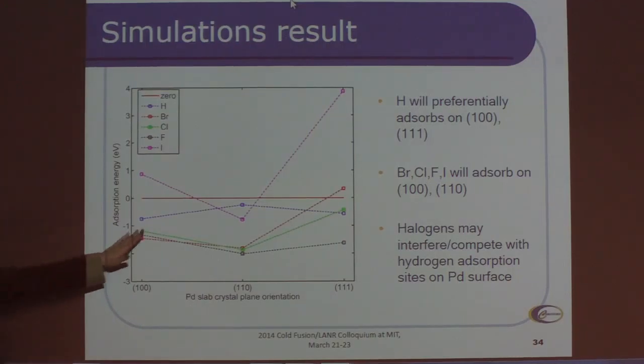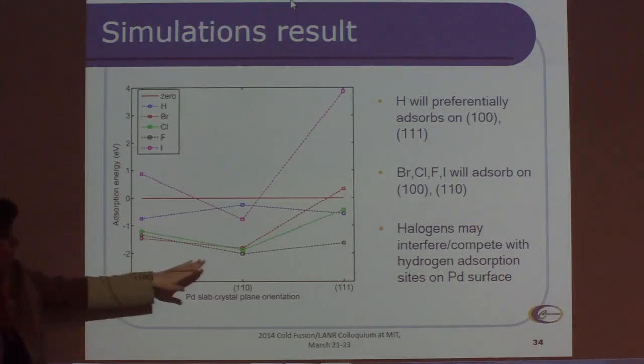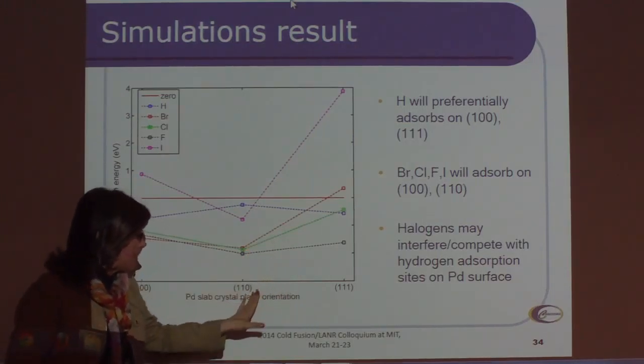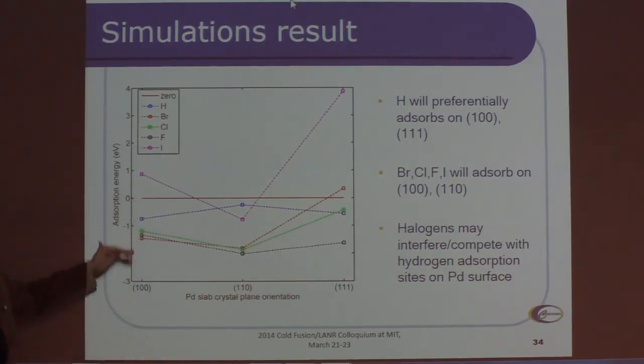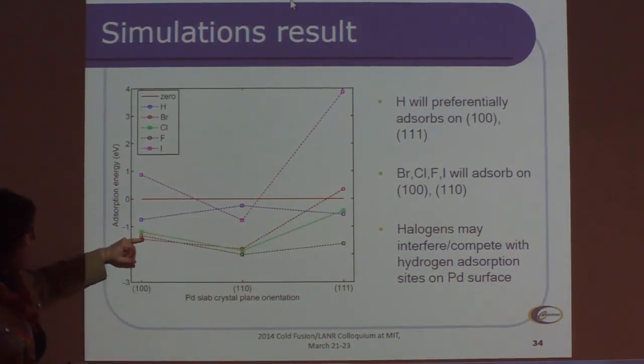So here we have energy and slab orientation: 100, 111, sorry, and 110. So the lower the energy is, the lower the adsorption energy is, the more stable the atom will be in that adsorption site. That's where it wants to sit naturally. So you can see that for the bromine, it really wants to stick to 110 or 100.